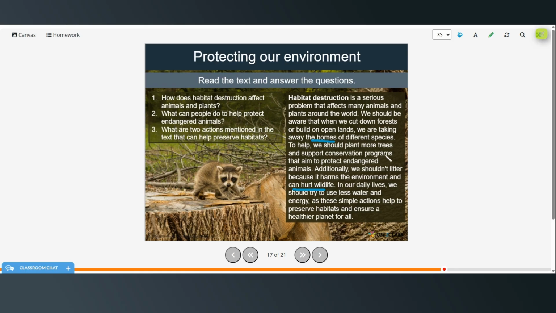We should plant more trees and support conservation programs. And two actions mentioned that can help preserve habitats: shouldn't litter, use less water and energy.